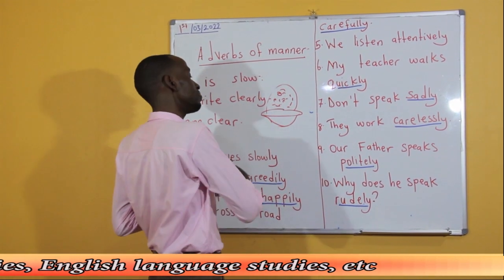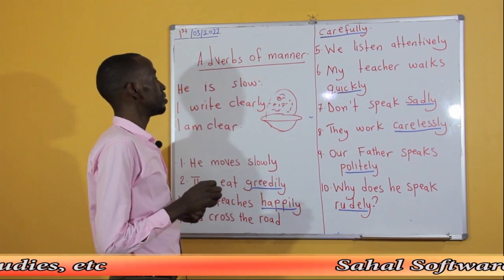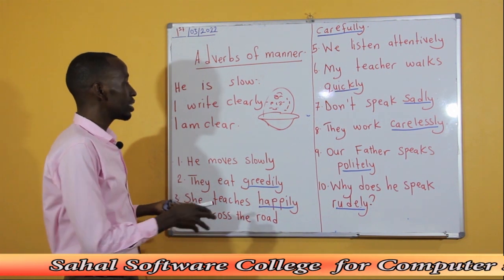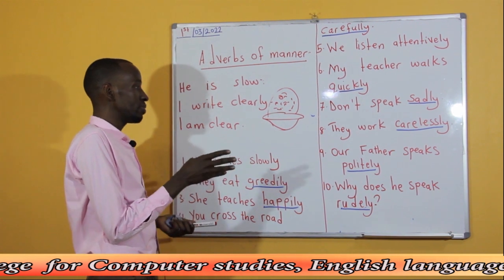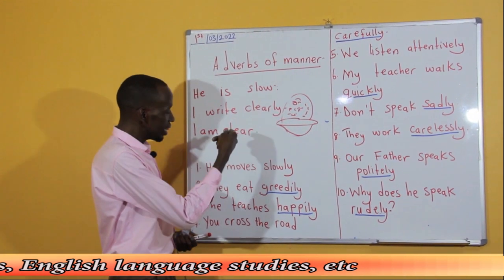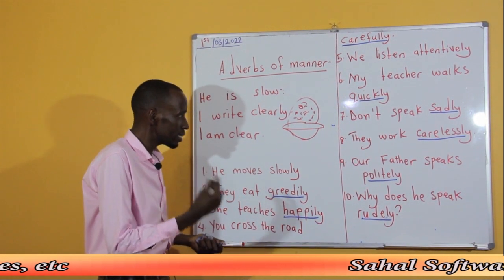But if you eat this food in 1 minute, I think there is a problem with you. Because this food is too much. It is a lot. But if you eat it in 1 minute or 50 seconds, I will say, this person, or they eat greedily. Like you eat very fast.